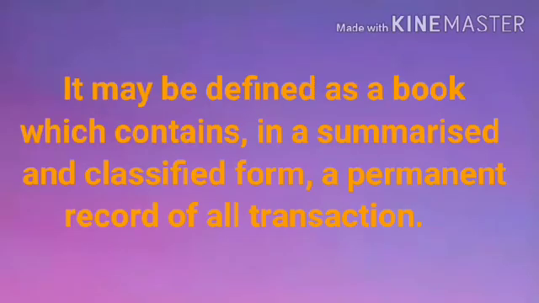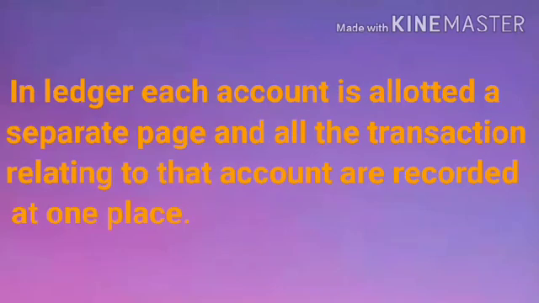It may be defined as a book which contains, in a summarized and classified form, a permanent record of all transactions. In ledger, each account is allotted a separate page and all the transactions relating to that account are recorded at one place.